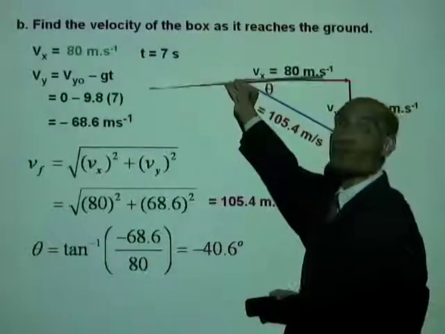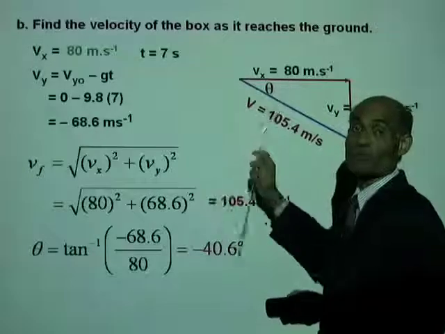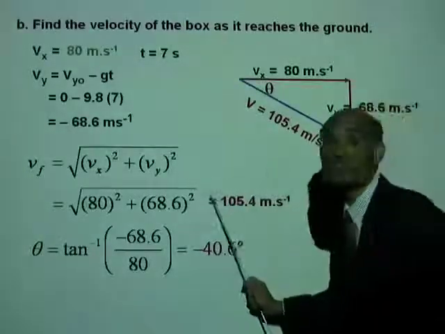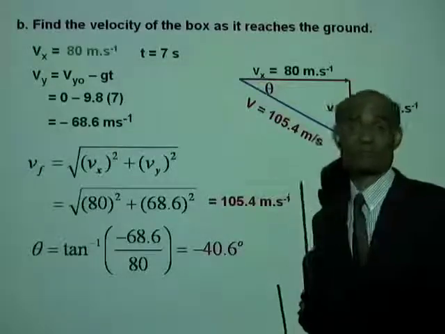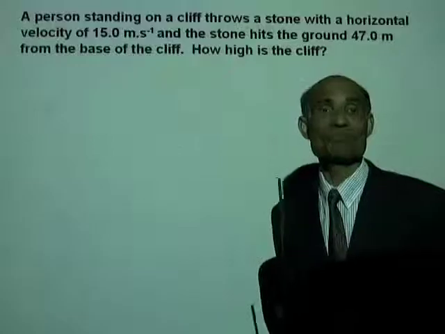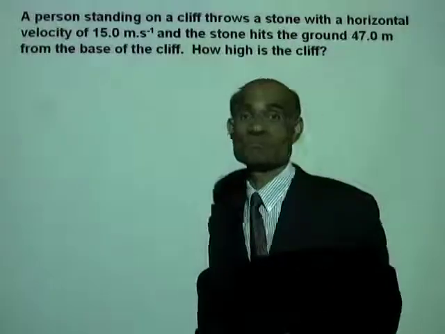You see, the angle is a negative angle. It is a fourth quadrant angle. So we now found the magnitude of the velocity and its direction. A very important type of problem. Let's now do another problem.